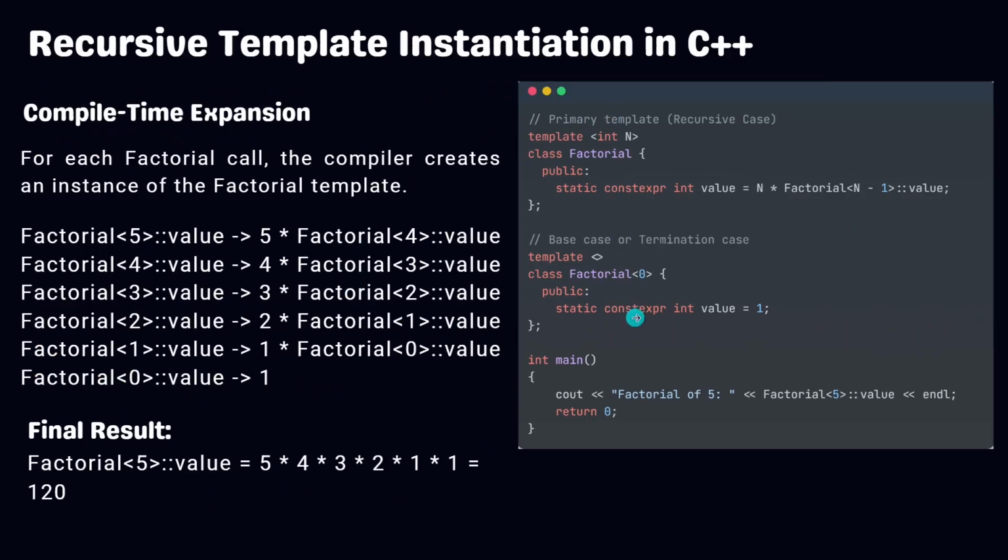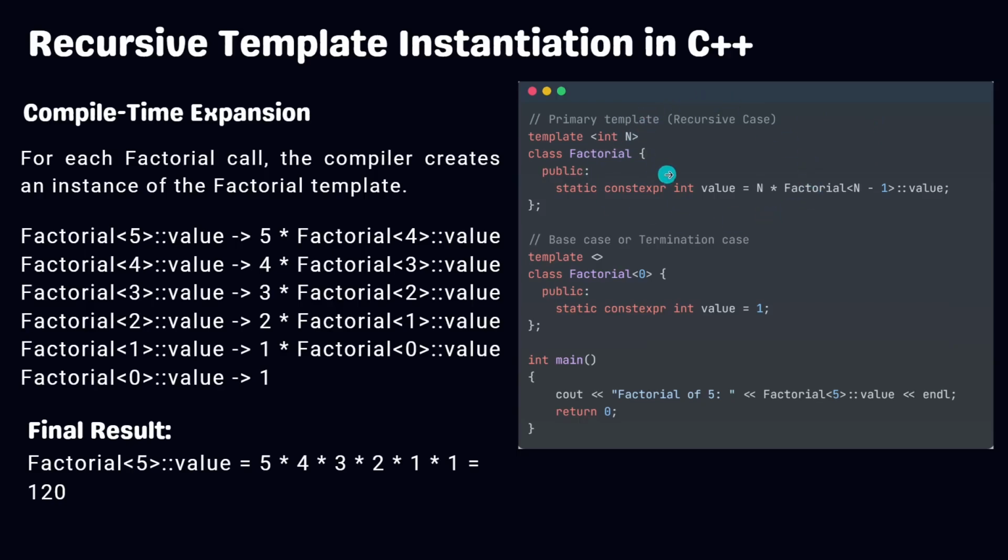Now consider this factorial example. We are calling factorial 5, passing argument 5. It comes here, 5 into 4, where 4 is 5 minus 1. When we pass it here, the compiler in the background creates an instance, as I mentioned earlier. When we pass 4, 4 minus 1 is 3, and again it calls itself.